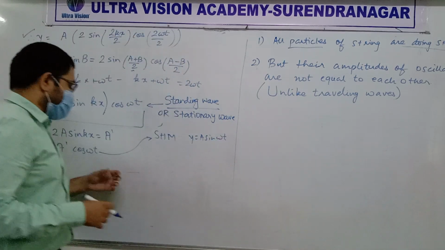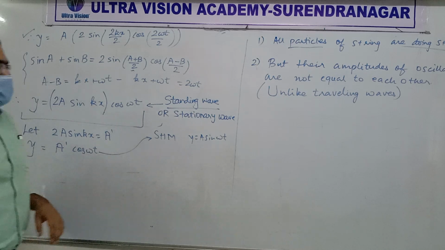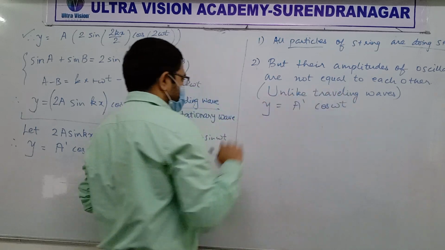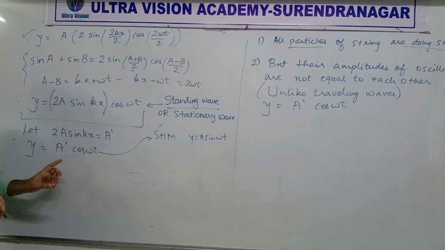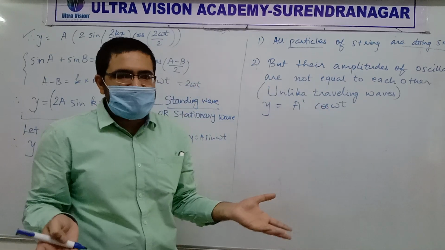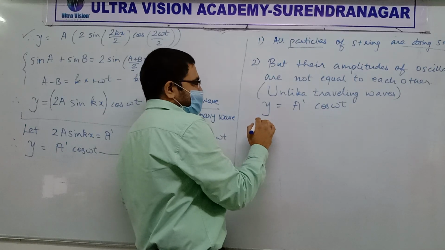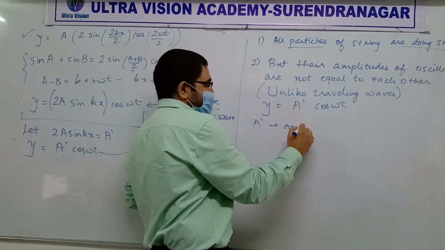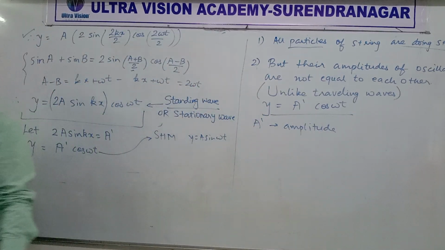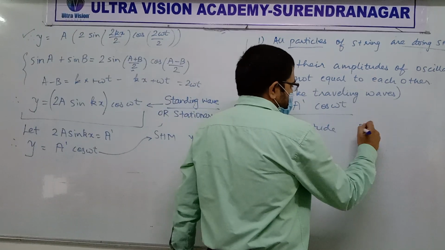First of all, let's look at this equation. We are getting an equation y equal to a dash cos omega t, where a dash is like the amplitude. I hope you can compare it with the equation of SHM. Do you realize that a dash is going to be the amplitude? Now, how much is this a dash?